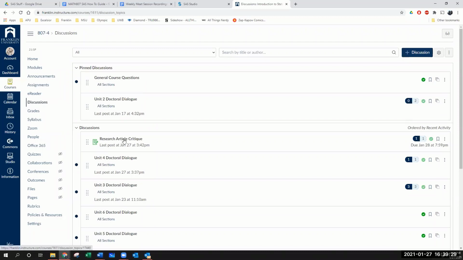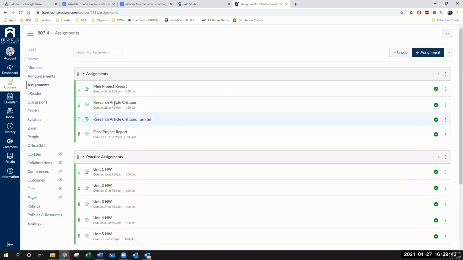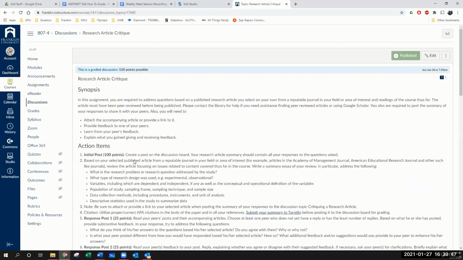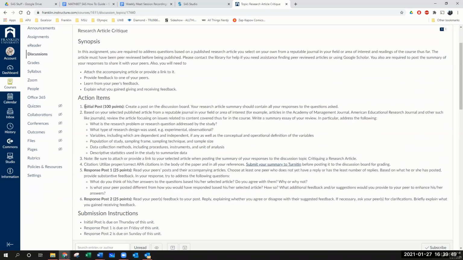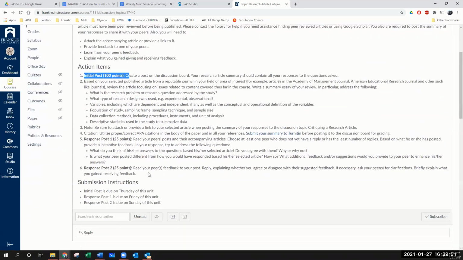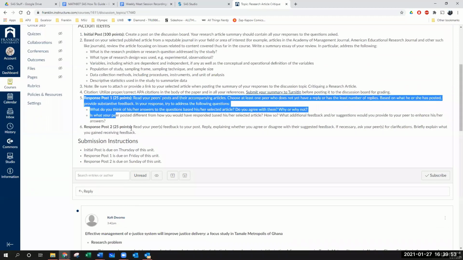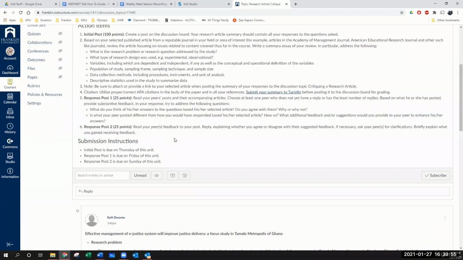We want all the research critiques posted, so that gives everybody enough time to go back and read them and respond to them. Because in order to get your full grade, your research article critique grade, as it says here in the description, you have an initial post, which is worth 100 points, and then you have 2 response posts, which are worth 25 points each.